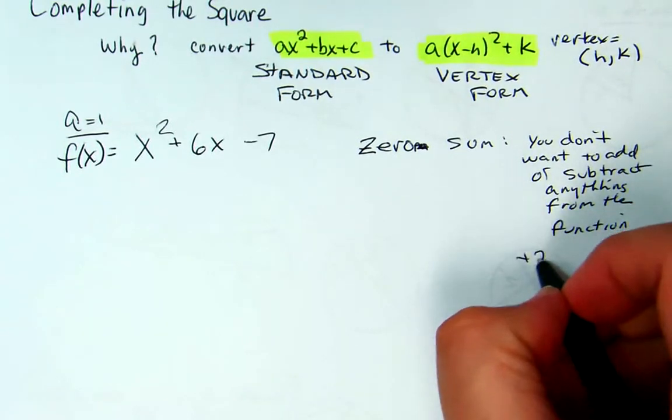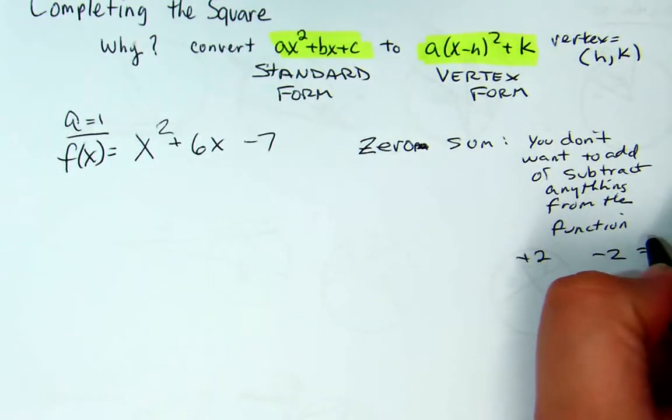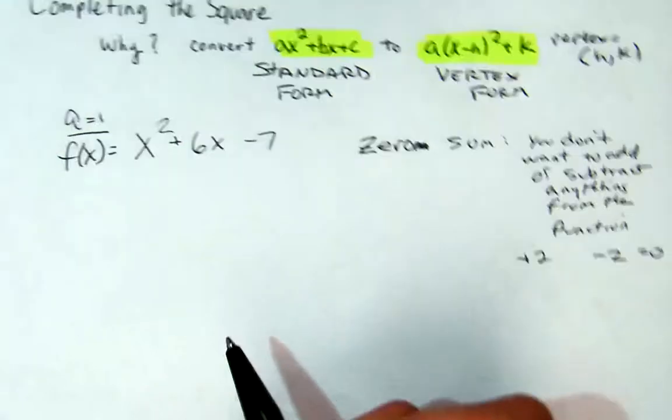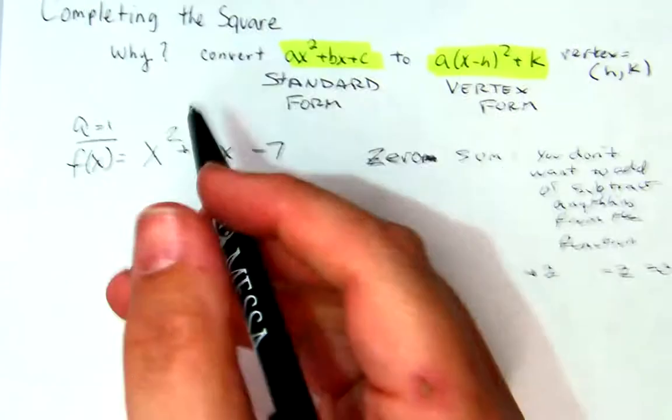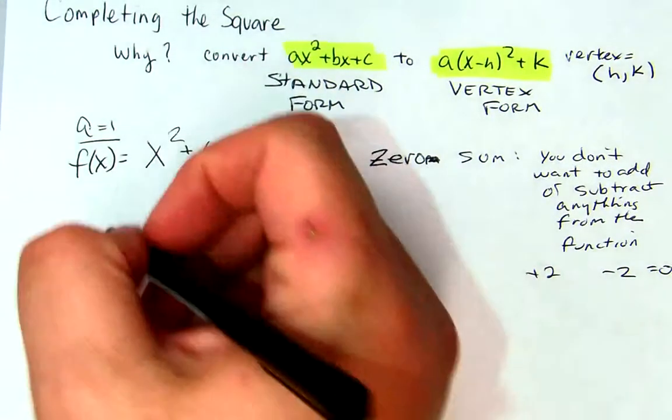So if you add a 2, you have to subtract a 2 because 2 plus negative 2 is 0. That's your zero sum. And we're going to have to do something like that. So part of the process is making sure that we're not adding any values to it or taking any values away. When a equals 1, this is a fairly straightforward process.